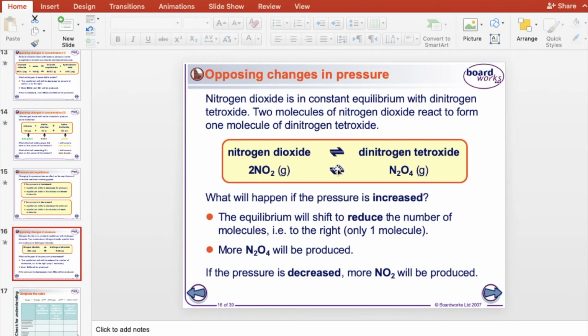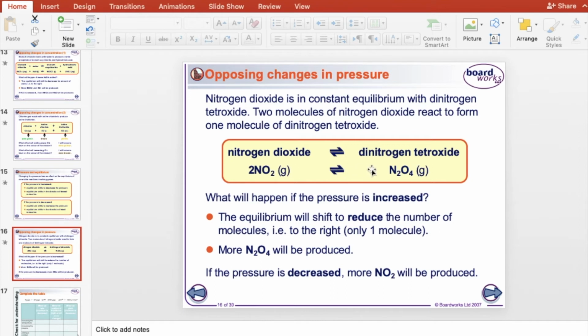So our dynamic equilibrium is going to shift in order to decrease that pressure. If you increase that pressure, the dynamic equilibrium will want to do the opposite in order to balance. So if you increase the pressure, the equilibrium is going to shift in order to decrease it, so it can balance out. It will do that by moving to the side with the fewer molecules, the fewer moles.